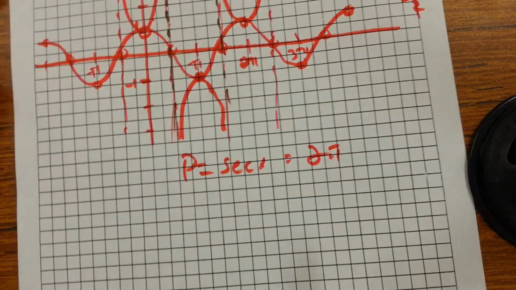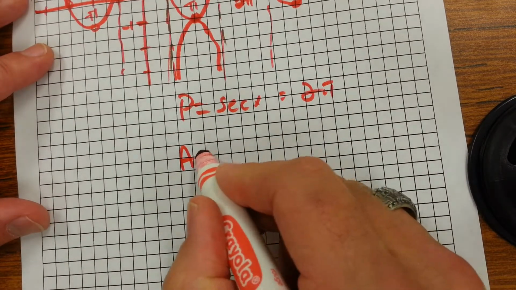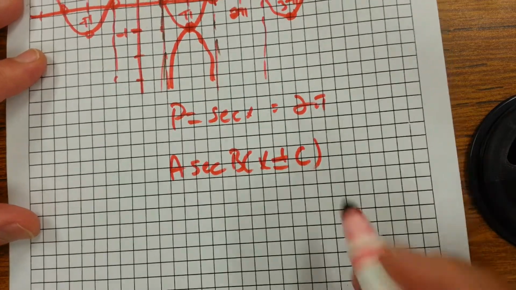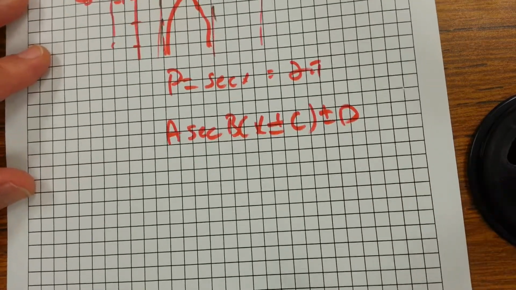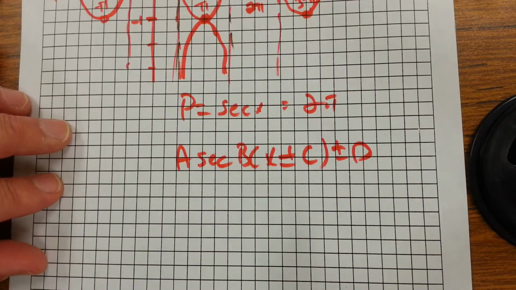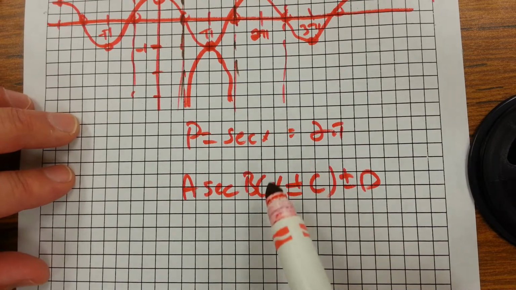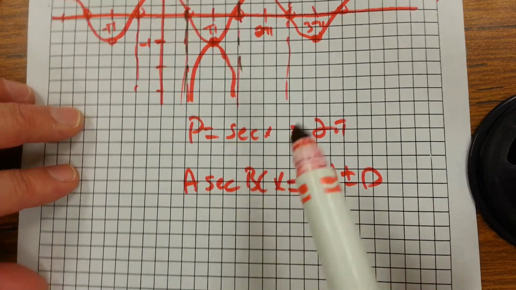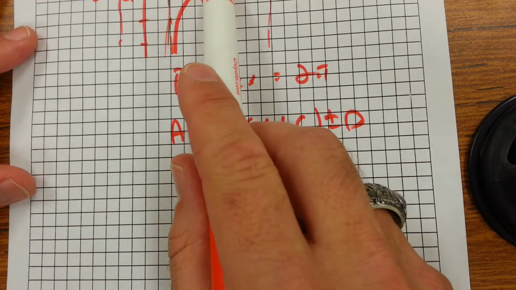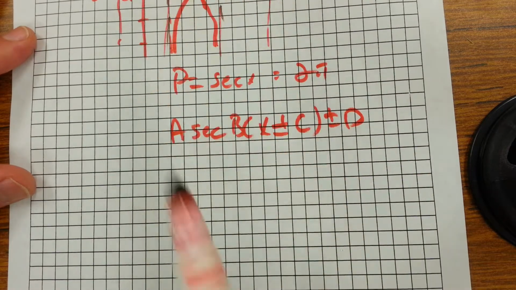We're going to have the same type of things going on here, like A secant of B x plus or minus your C phase shift plus or minus your D. So things to think about are amplitude and your period B, which can affect where your asymptotes are going to go.